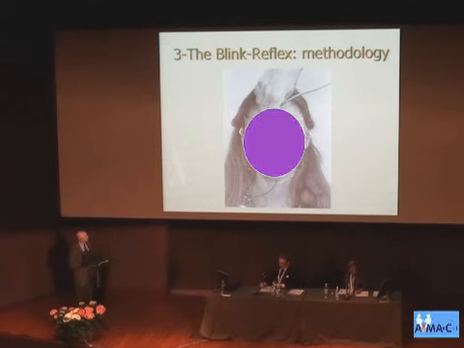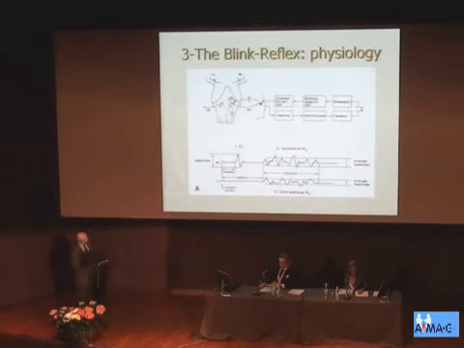Blink reflex is the most established method in clinical neurophysiology. It's very difficult to measure. Small electric shocks are applied to the trigeminal nerve. Responses are obtained which specifically modulate some oligo and polysynaptic pathways of the brain stem.